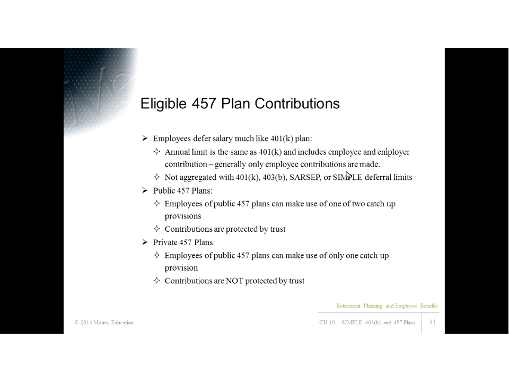With 457s, I can put in an additional $17,500, so these are not aggregated together. There are two different catch-up provisions, and these are not additive; we'll talk about what those are in a bit. Contributions are protected by trust.